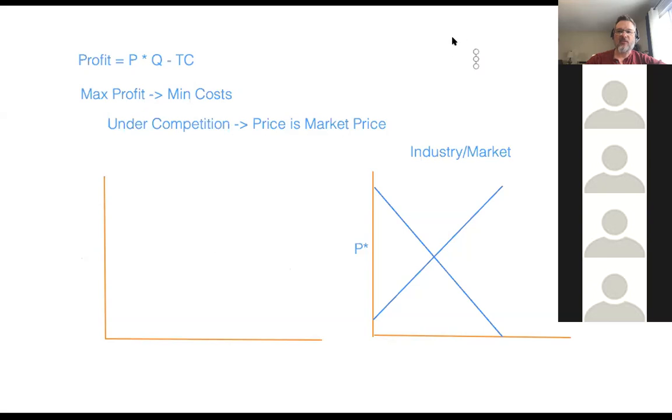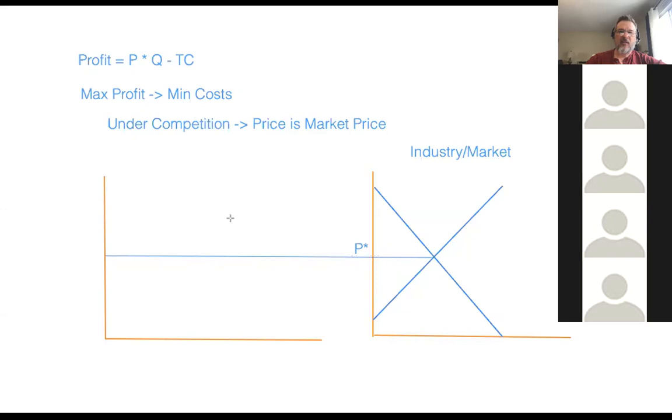So I'll just try to do it as an extra skinny line. So here's our market equilibrium price.